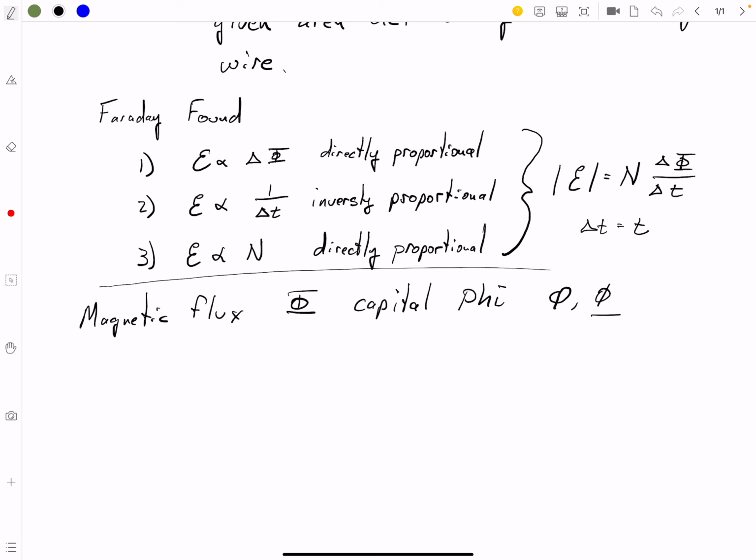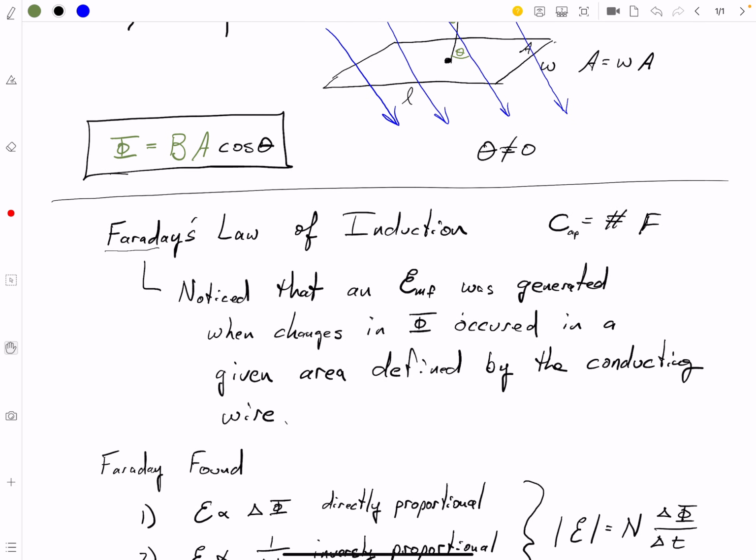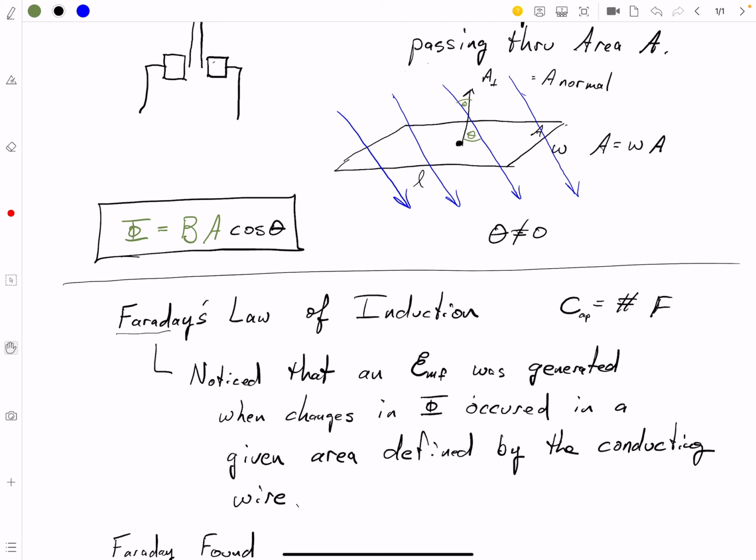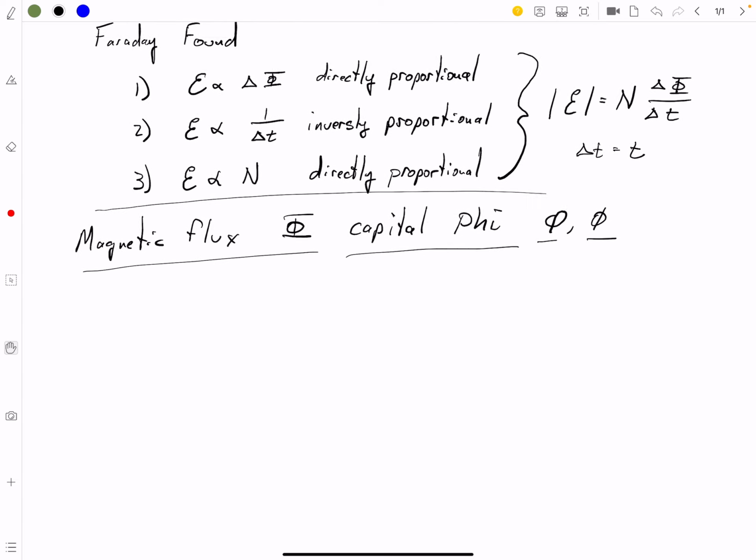This is typically an angle, and this is other stuff. So capital phi, okay, that's magnetic flux, all right? And if we look at units for magnetic flux, then we get right here, we have Teslas times meters squared, right? So that has to be the SI units of magnetic flux.